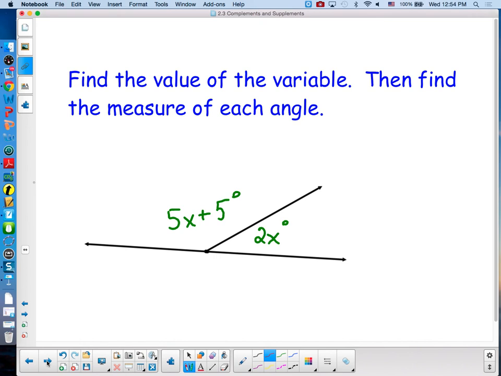One is skinny, one's acute, one's obtuse. They're not going to be equal to each other.